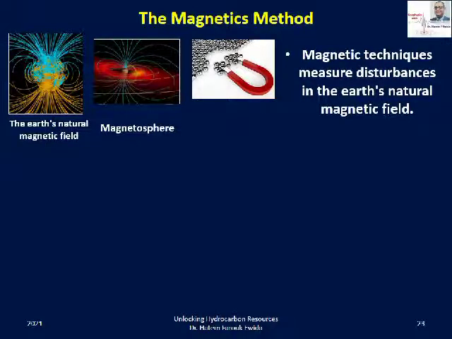What I meant by natural technique is that it measures natural physical characteristics. So the magnetic technique measures disturbance in the Earth's natural magnetic field. So what type of rocks is characterized by magnetization or contains magnetic minerals? We mentioned three types of rocks.